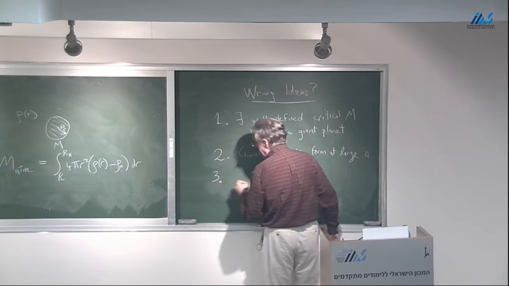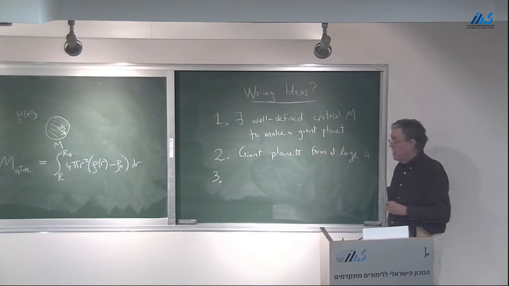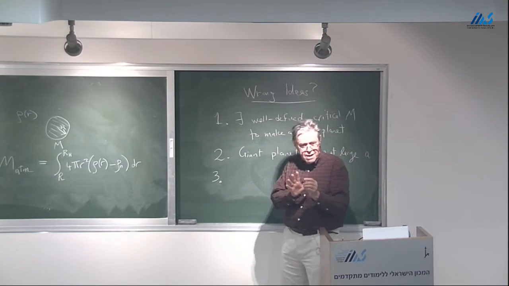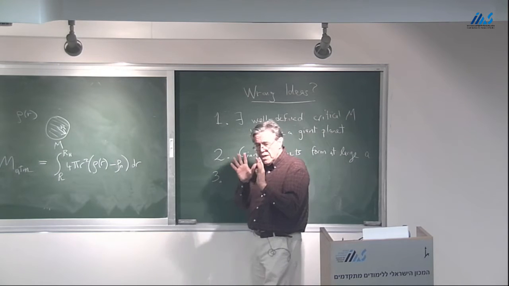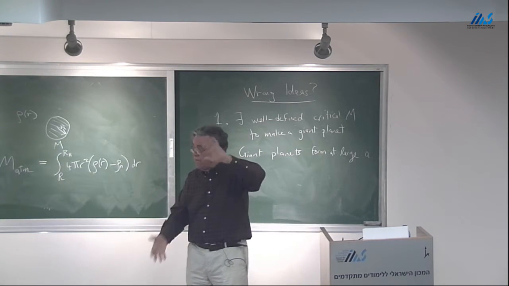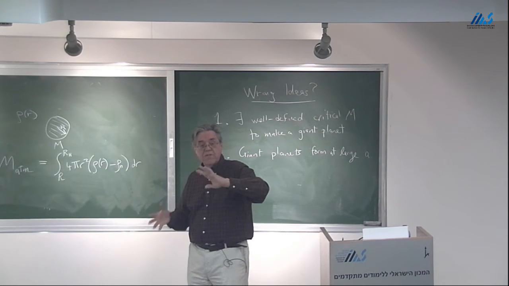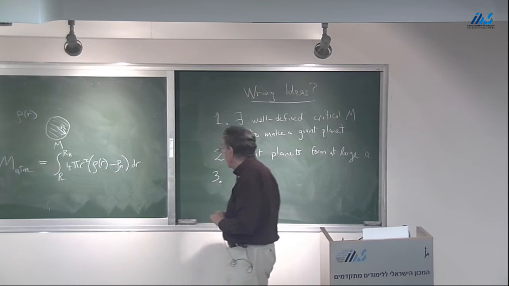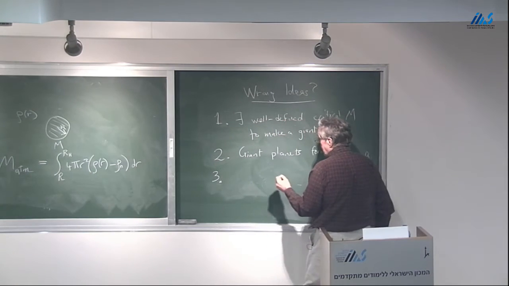Statement number three, that in order to collect, and here I'm not just talking about giant planets anymore, I'm talking about the puffy bodies that we've seen in the TTV, which have substantial atmospheres extending out to 2, 3 Earth radii, but the mass is only a few Earth masses.